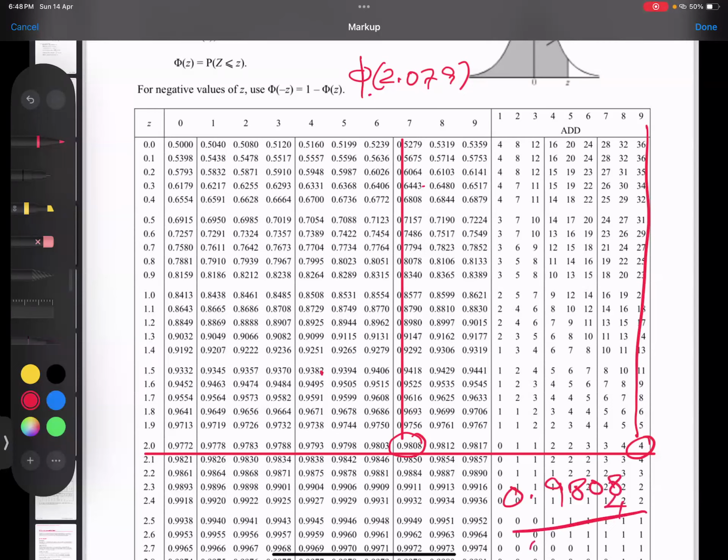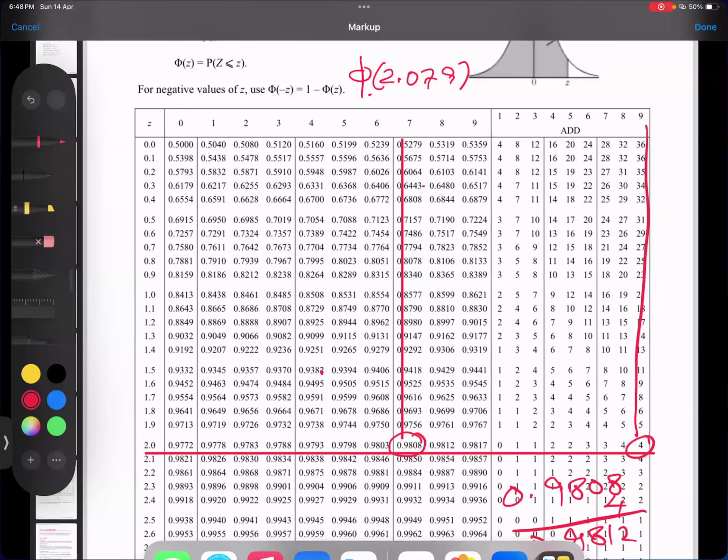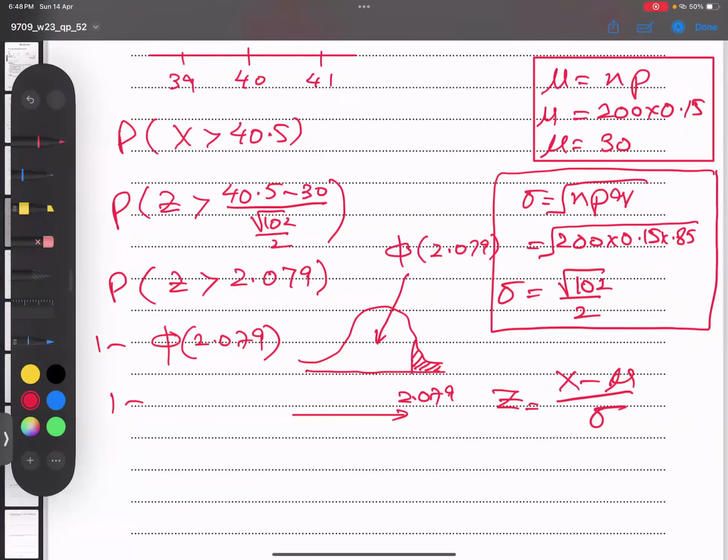If I add 4, I get 0.9812. After subtracting from 1, it is 0.0188. So this is the probability he was asking about.